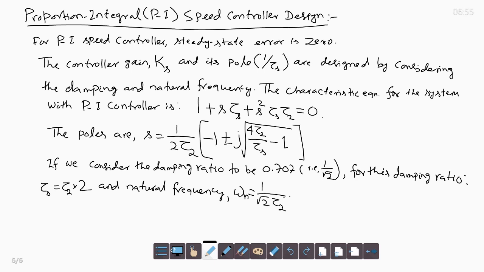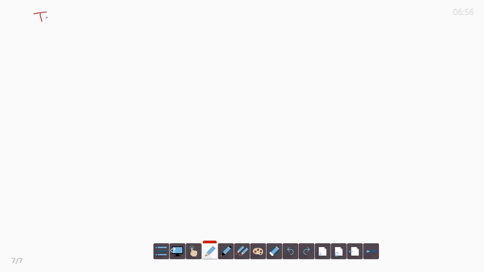For this damping ratio, the PI speed controller time constant tau S is 2 into root 2, because then the root term is 1. So this is minus 1 plus or minus j 1. So the damping ratio will be 1 by root 2, and the natural frequency will be 1 divided by root 2 into tau 2.